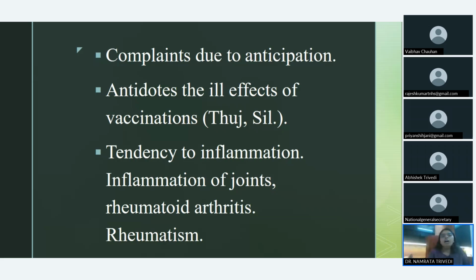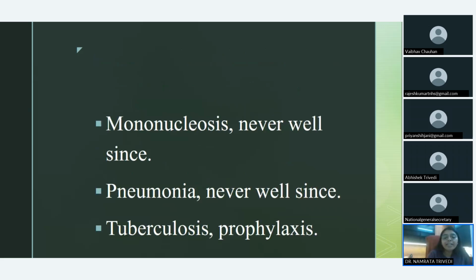Carcinosin can also be given in cases of mononucleosis, a viral infection due to the Epstein-Barr virus. If a patient of mononucleosis due to the EBV virus never gets well since, we can give carcinosin.